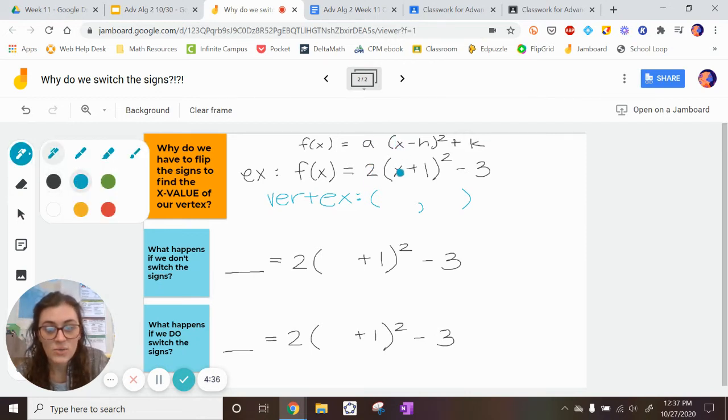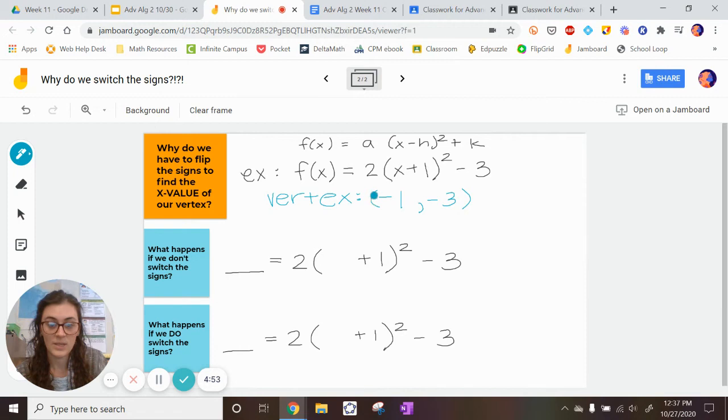Our a is 2. We've got an x. This is supposed to be a minus, but here it's a plus 1. So that's why we change it to negative 1. Here we've got a plus k, but now it's a minus 3. So we just copy that minus 3 down. And we're really going to focus on that negative 1, how it changed from a plus to a minus.